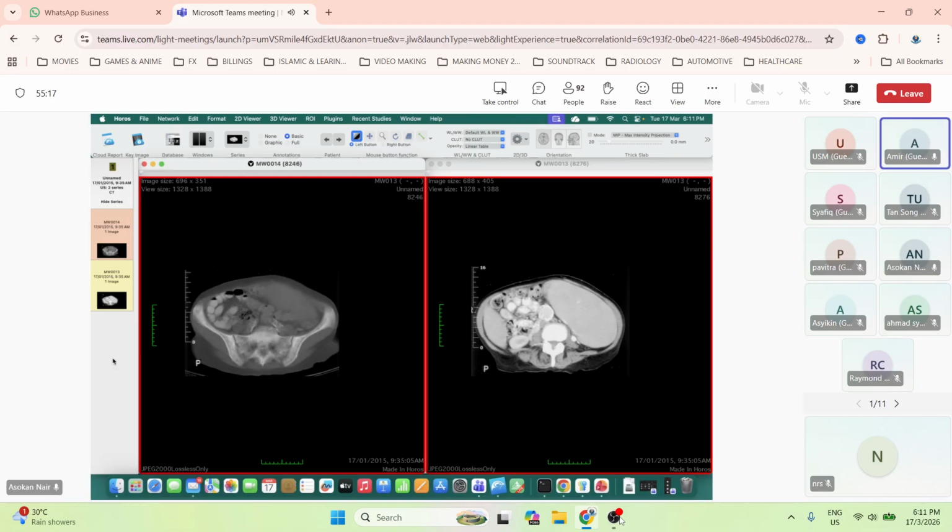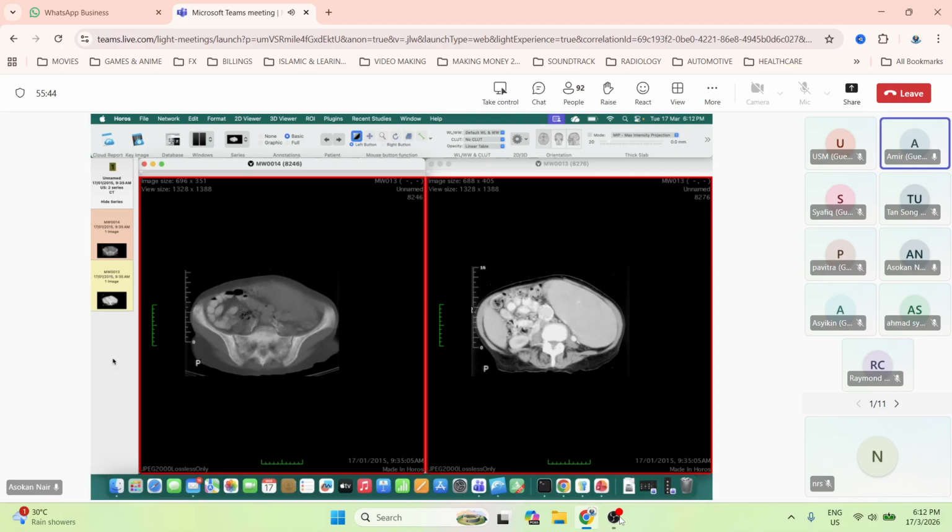This mass enhances homogeneously, causing mass effect and displacing the loops of the small bowel to the medial side.